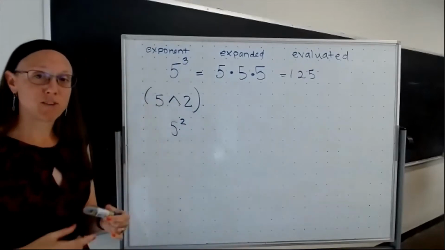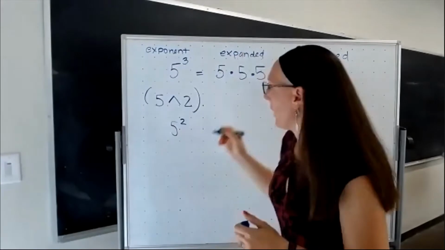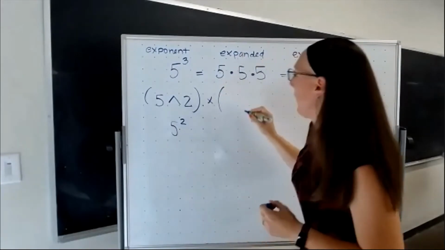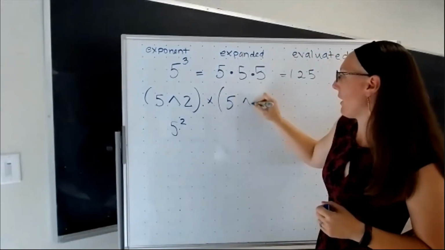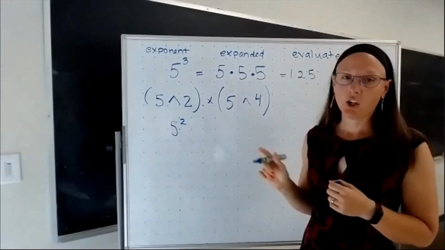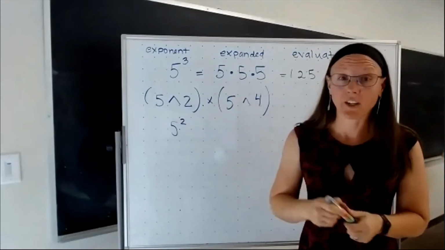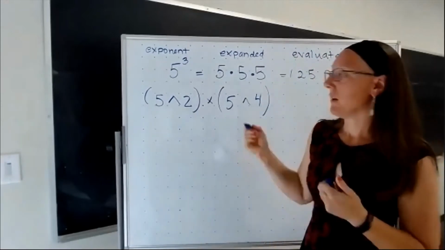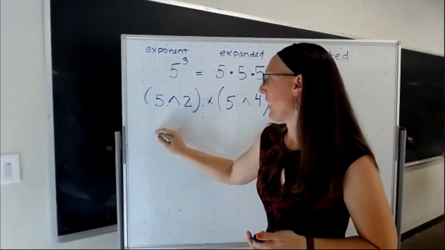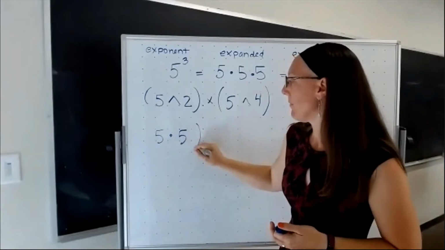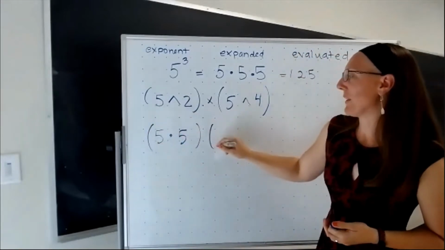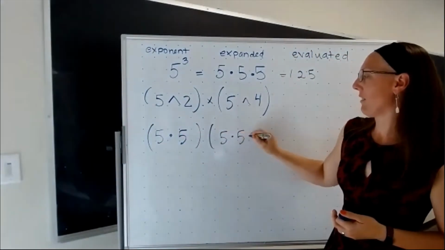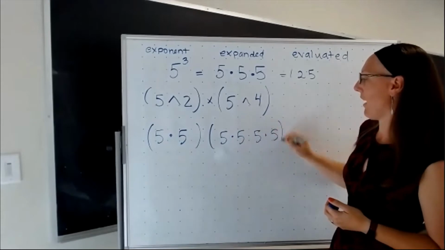So if I had 5 squared and I multiplied that by, let's say, 5 to the 4th. Well, if I took this whole thing and I wanted to write it out in its expanded form, this says 5 times 5, and then we would be multiplying that by 5 times 5 times 5 times 5.